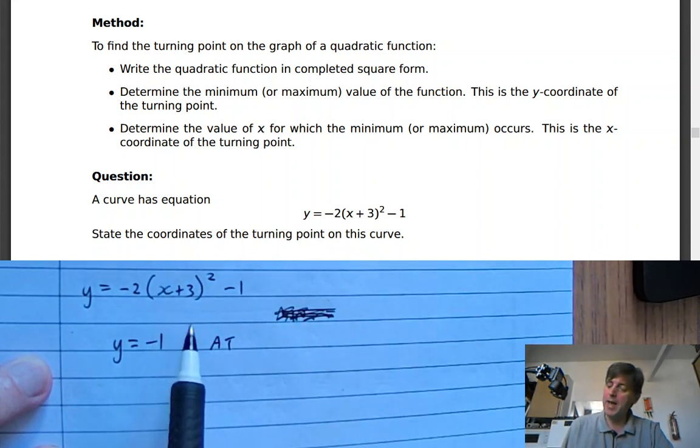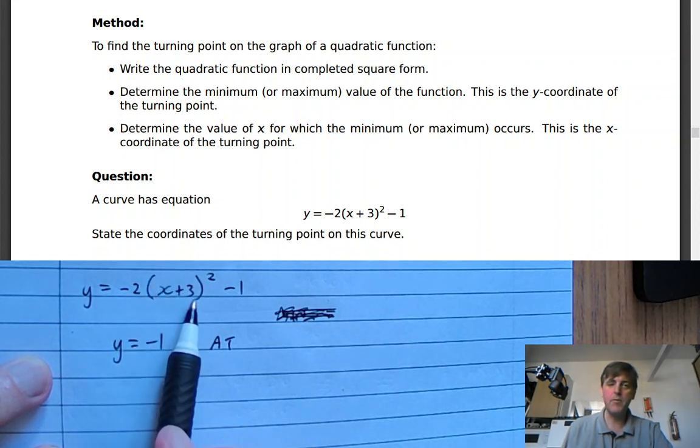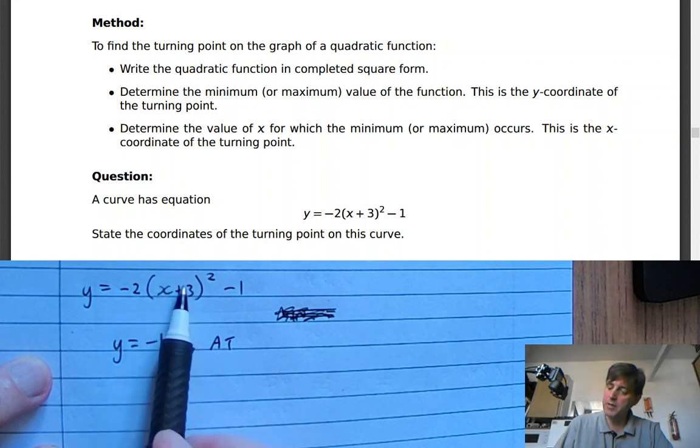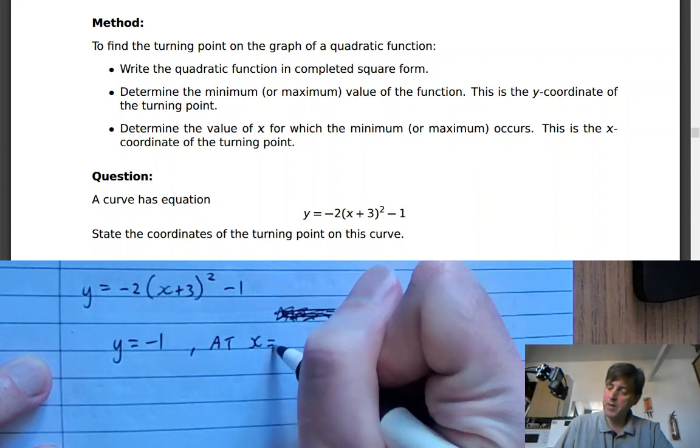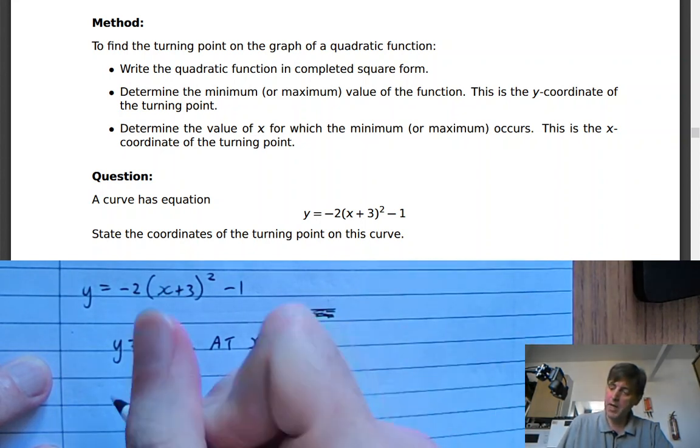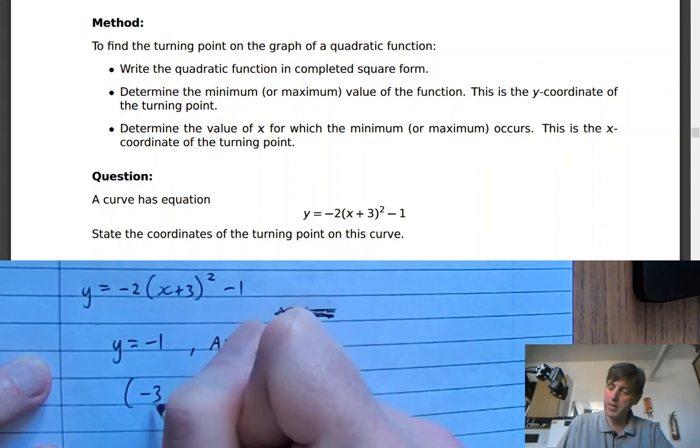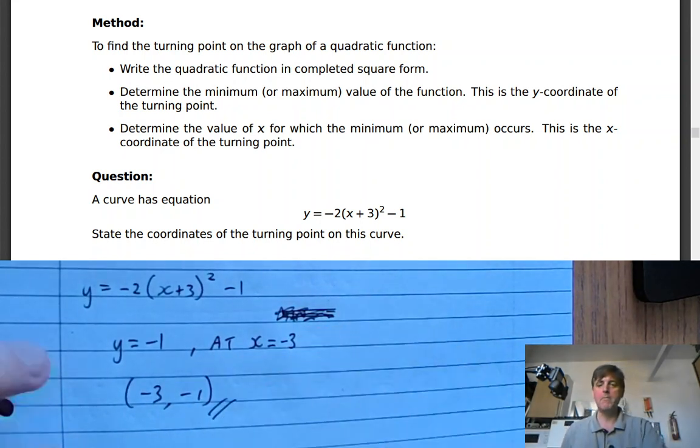Because that's what we're going to get when we have this bracket here equaling 0. All right, the x value, which makes that bracket equal to 0, is going to be -3. So I think our turning point must have coordinates -3, -1.